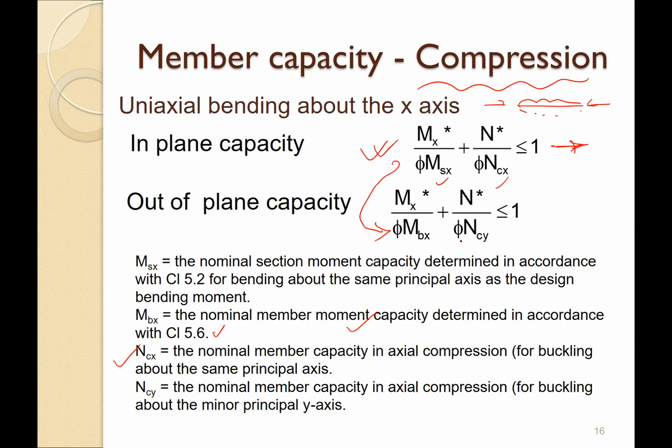And because there is a possibility of out of plane, though the beam is bending about the x-axis, buckling will be about the minor axis, that is the y-axis. That's why NCY. Can you see the change now from this expression? Because we are considering out of plane, we are considering the worst case scenario. So now you consider the nominal member capacity in axial compression for buckling about the minor principal axis, that is the y-axis.